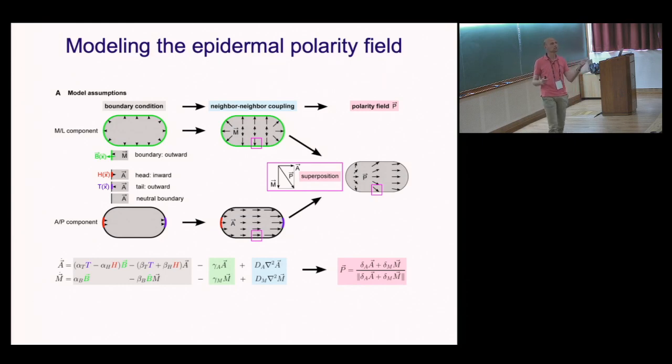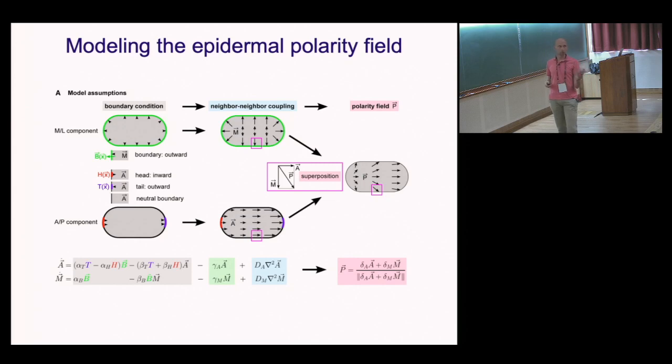The first assumption is that cells are individually polarized, that the polarization of individual cells propagates to their neighbors via neighbor-neighbor coupling, and that on top of that, the head and the tail oppositely orient the polarity vector, thereby together creating basically consistent orientation along the AP axis.